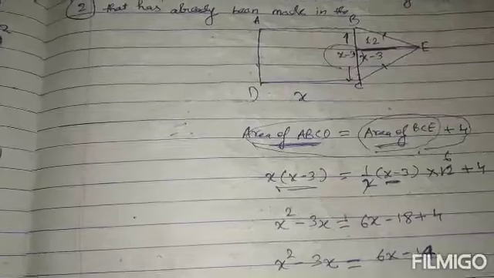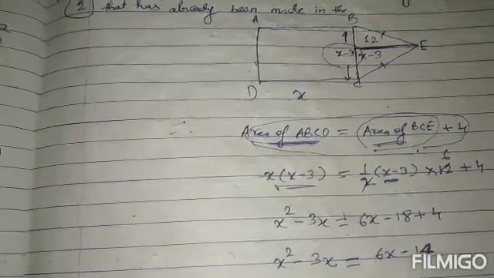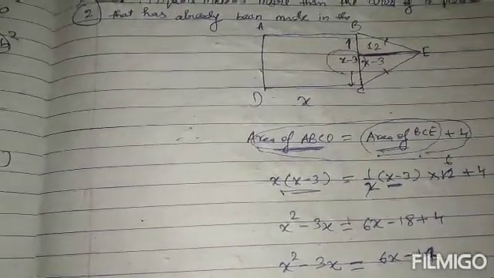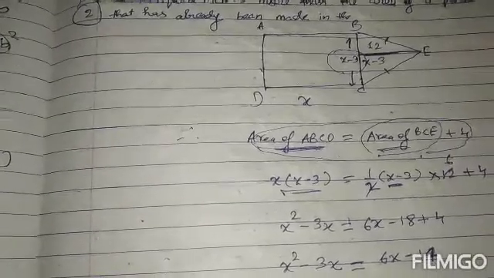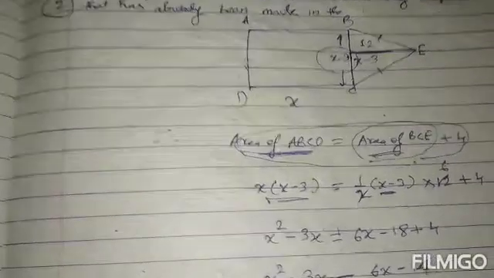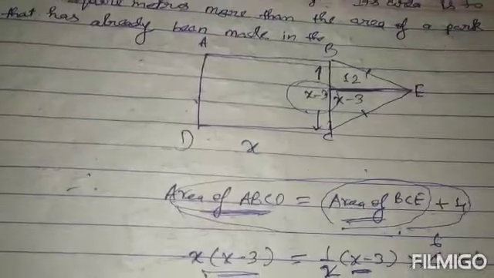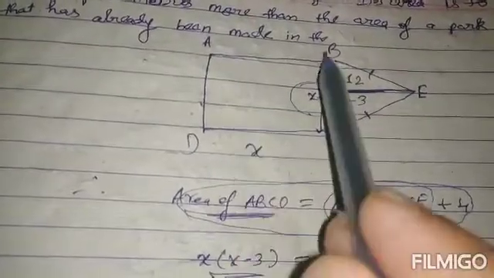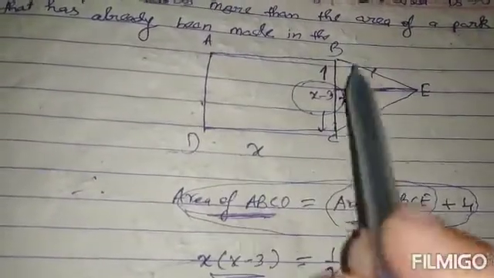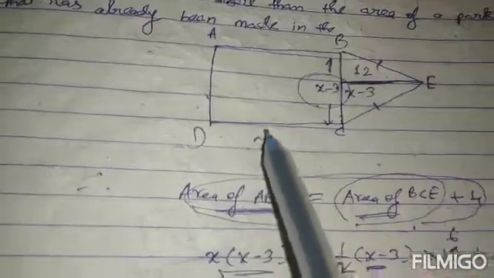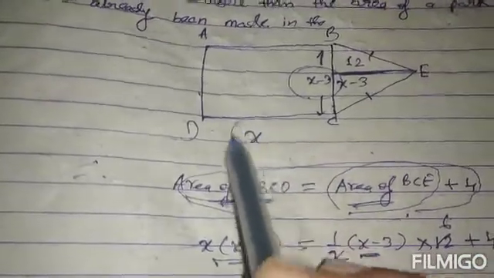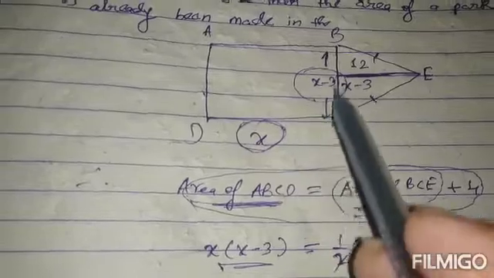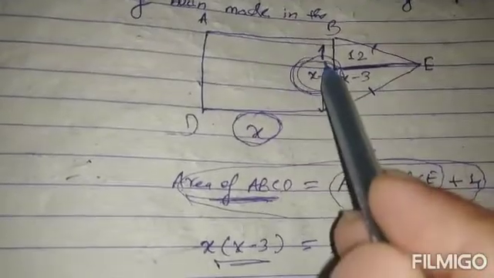It is also given that the area of this rectangular field is equal to the area of the triangular field plus 4. If you understand this by figure, if we take ABCD as a rectangle, or rectangular field, let the length be x, then automatically the breadth will be x minus 3 as per the question.